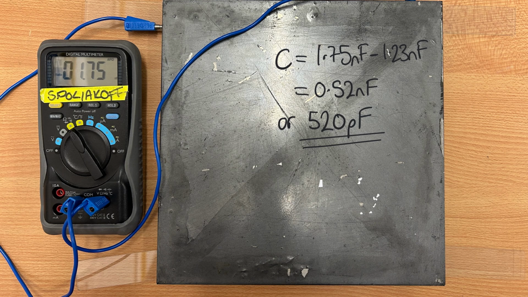To check that, in this photograph I have moved the microscope slides so that they are almost out from between the parallel plates, but just the tiniest bit is still inside to hold the plates that distance apart. That reduces the multimeter reading to 1.75 nanofarads, which gives me about 520 picofarads, which is close to what I calculated when I assumed the permittivity was the permittivity of free space.